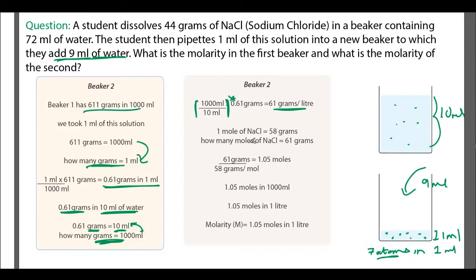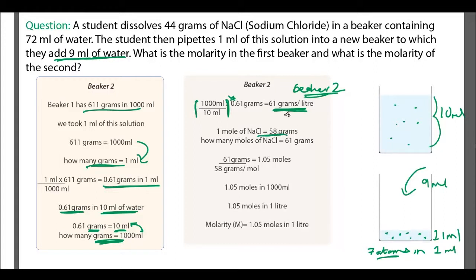So we've got 61 grams in 1 litre in beaker 2. This is beaker 2. We know we've got 61 grams per litre. So we know 1 mole of sodium chloride equals 58 grams.